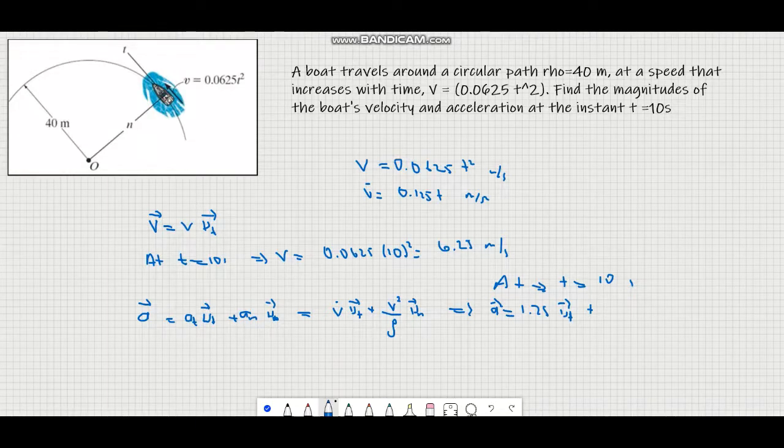We know that v is 6.25, so we are going to say 6.25 square over the radius of curvature, which is 40 meters, so we divide by 40. This is going to give us the normal unit vector.